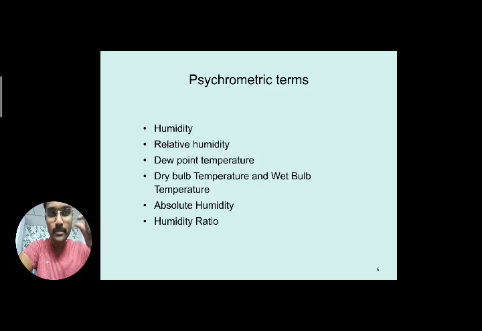See the terms related to humidity: humidity, relative humidity, absolute humidity, humidity ratio. All these terminologies are different.